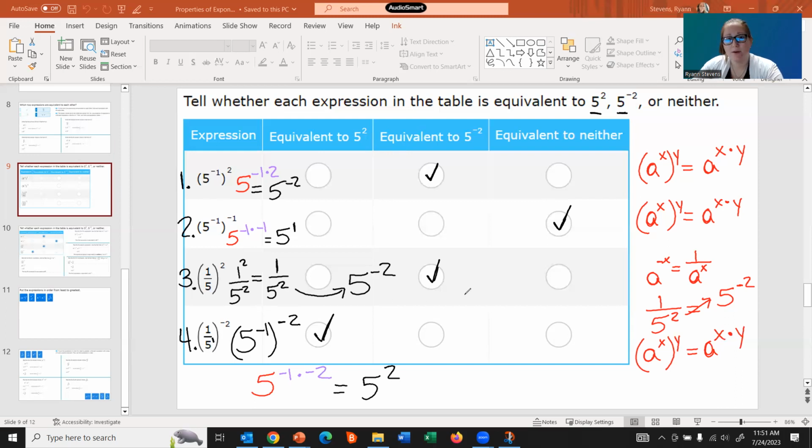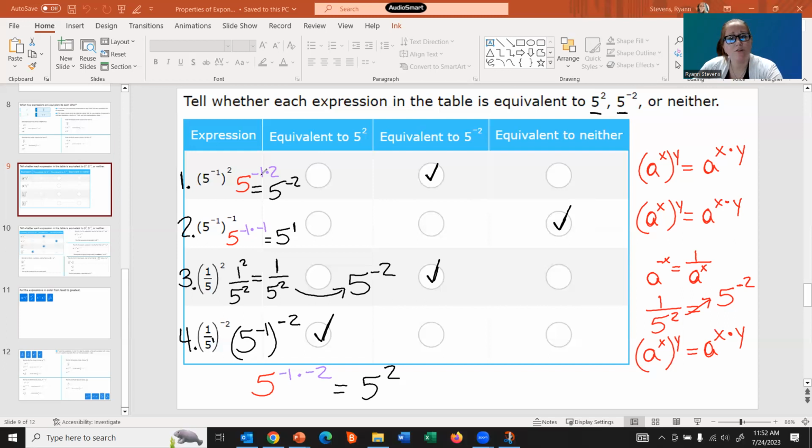And so with this type of question, you want to just go through, again, we're going to convert each one, and then we're going to make our selection based on the question. And it's okay to select equivalent to neither if it's not going to be equivalent to either one. The most important thing, though, is we want to make sure that we are rewriting our expression to have the same base as what they've given us in the question, because it will be easier to compare to see if they are equivalent.